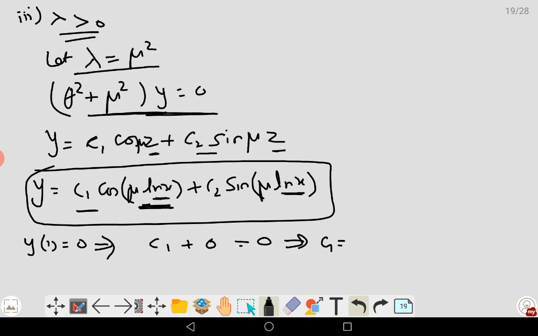Now the first boundary condition: ln 1 is 0, so cosine 0 is 1, c1 will be there but the sine term is 0. So C1 is 0 is the conclusion from the first boundary condition.